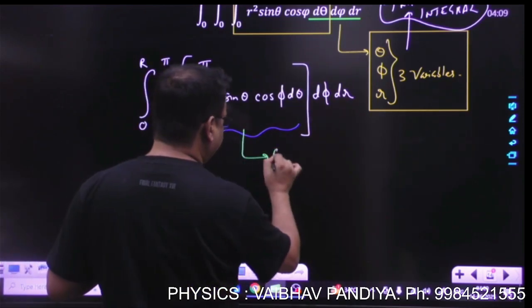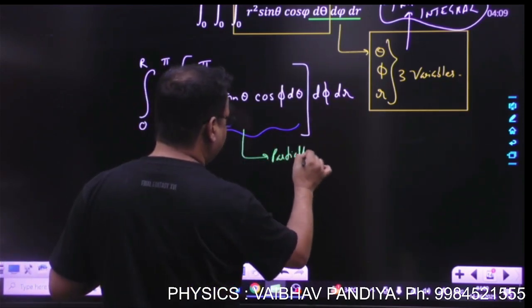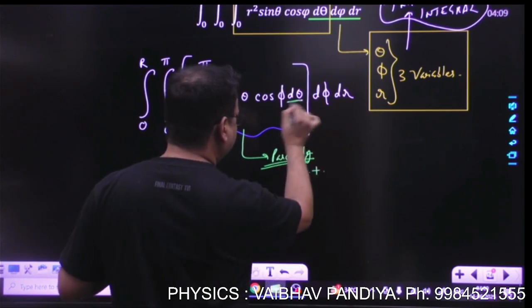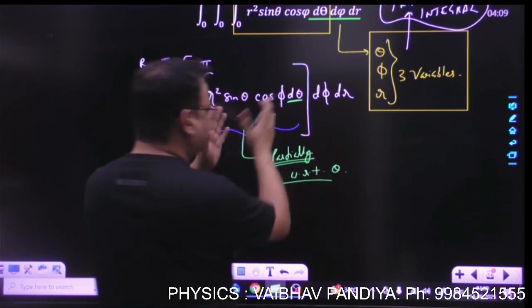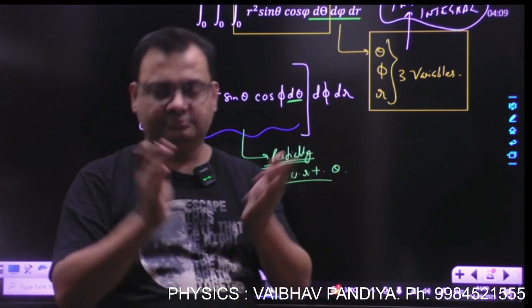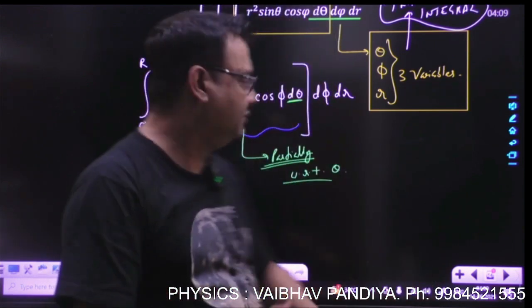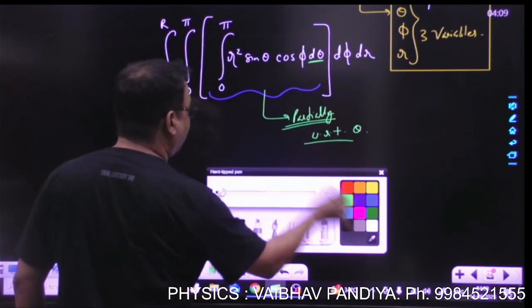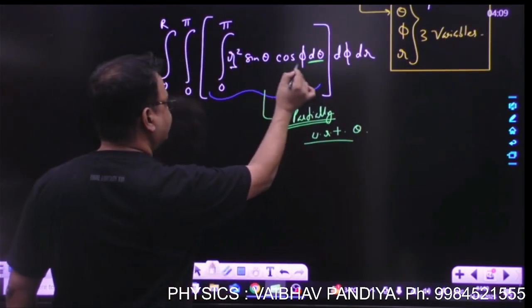And we will evaluate it partially with respect to which variable? Theta. So theta will be treated as a variable, the basic rule of partial integration, and phi and r will be treated as constants, correct?